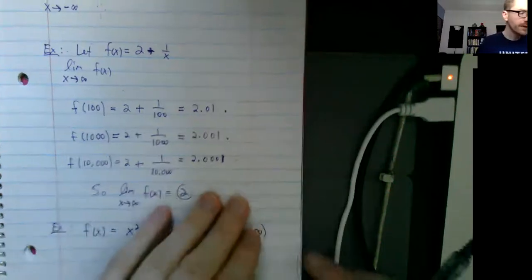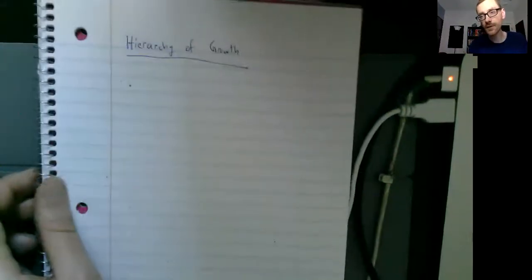So the key to evaluating infinite limits is what I call the hierarchy of growth. Hierarchy is kind of a fancy word, but it just means like an ordering essentially.